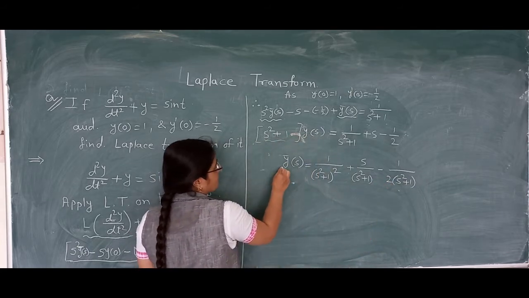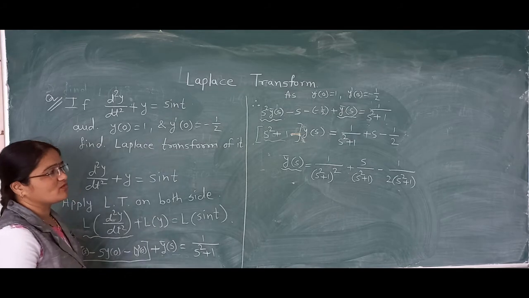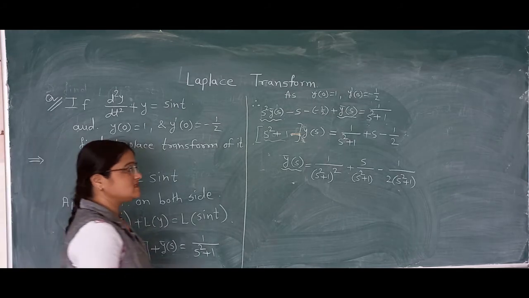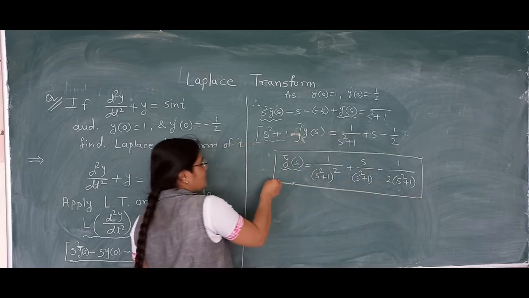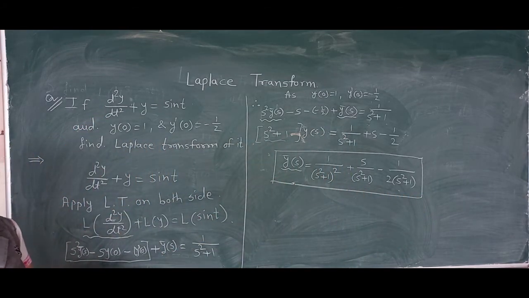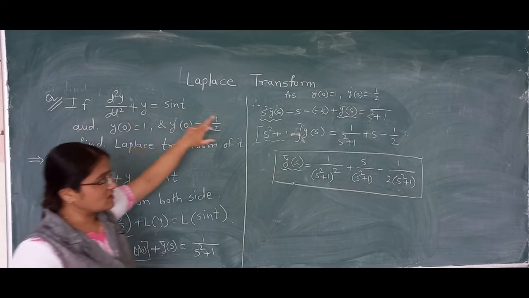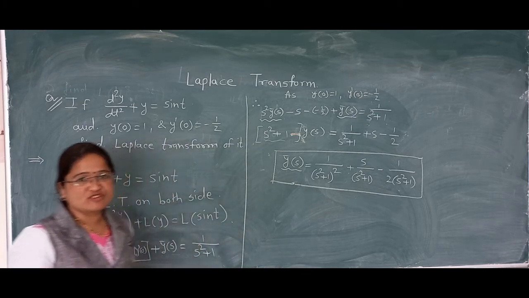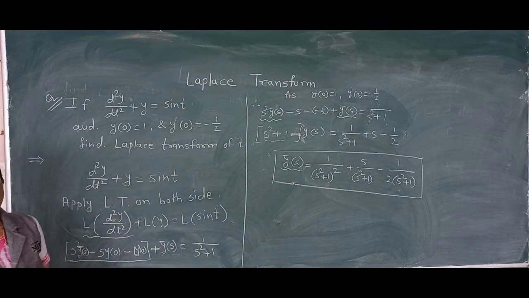This is nothing but your y bar of s, that is Laplace of y, and this is the answer, that is the Laplace part of the solution of the differential equation. And this is the application: your differential equation is converted into an algebraic equation using Laplace transform. Got the point? Just see it.